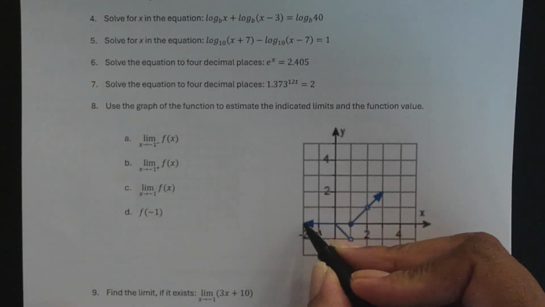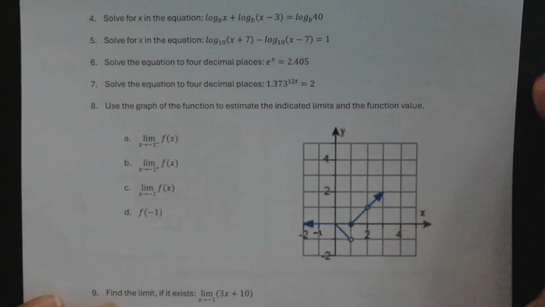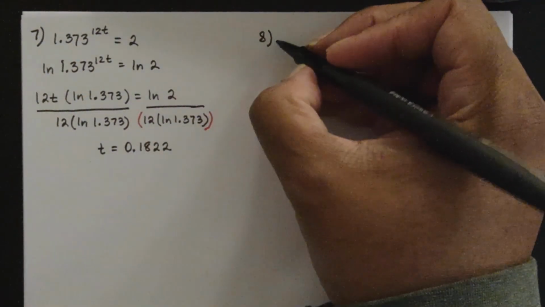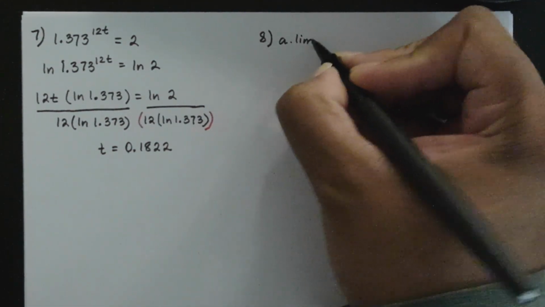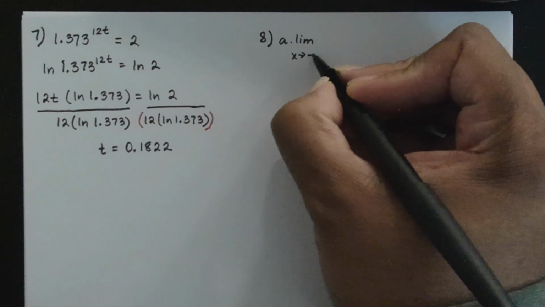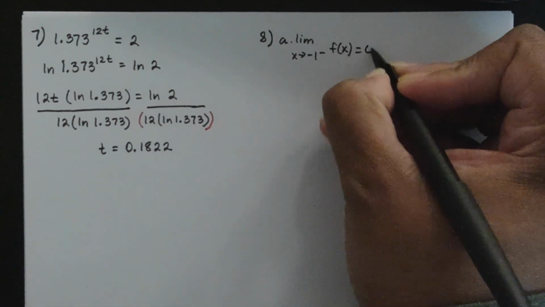Because if you come in from the left, it's getting closer and closer to 0. So we say the limit as x approaches -1 from the left of f of x is 0.